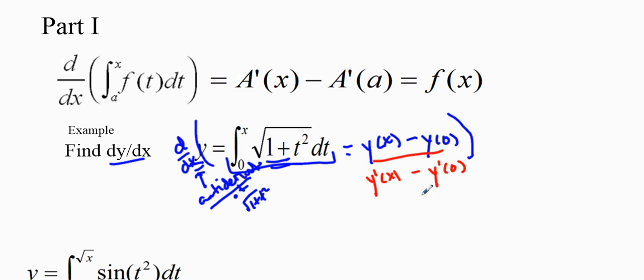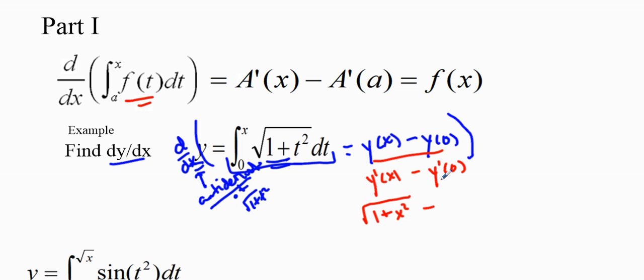y prime of x, minus the derivative, y prime of 0. Now, y prime of x, the derivative of our antiderivative, if you recall, equals the function inside. Since we have x right here, y prime of x should equal 1 plus, well, we plug x in for t, so we have x squared. Minus the derivative of y of 0.